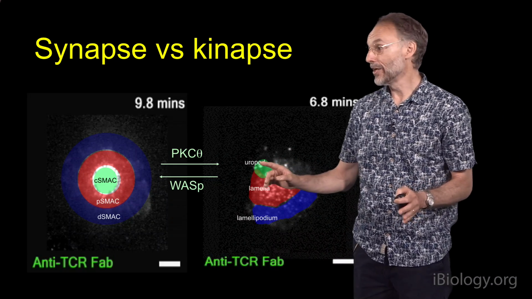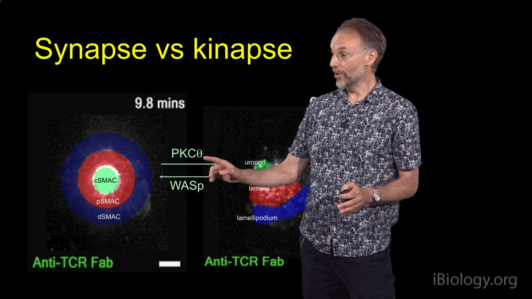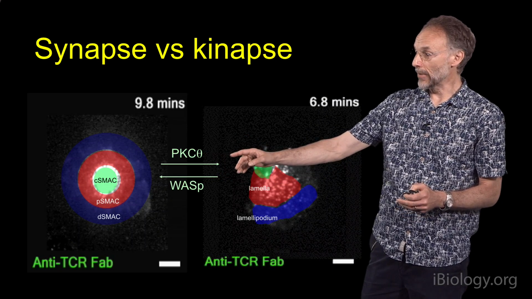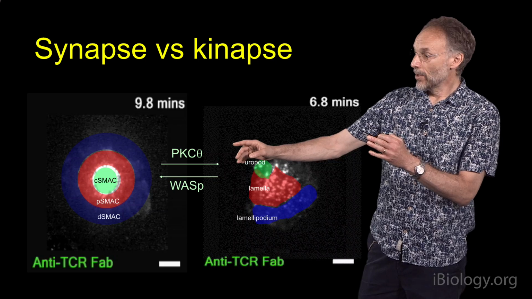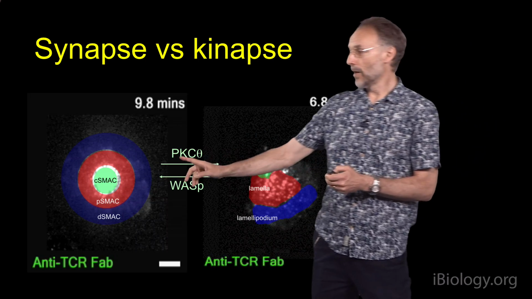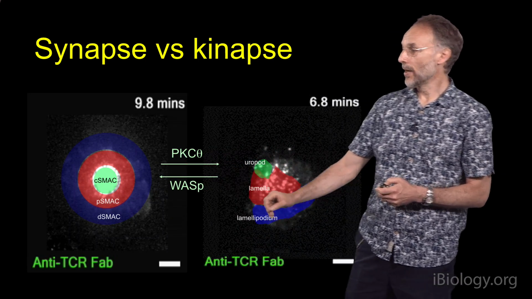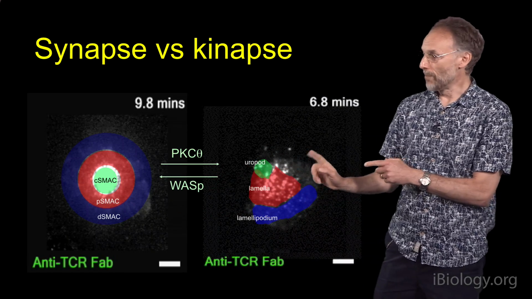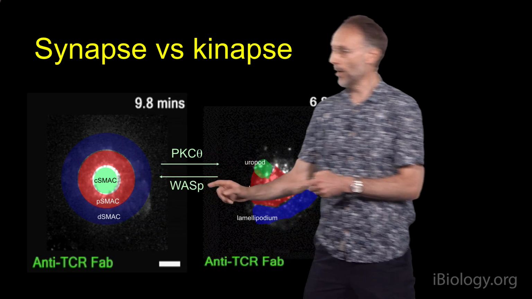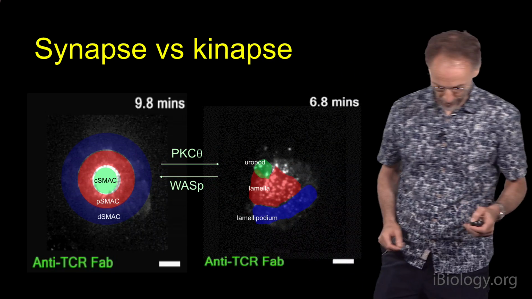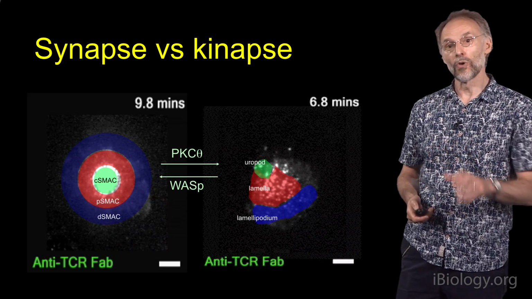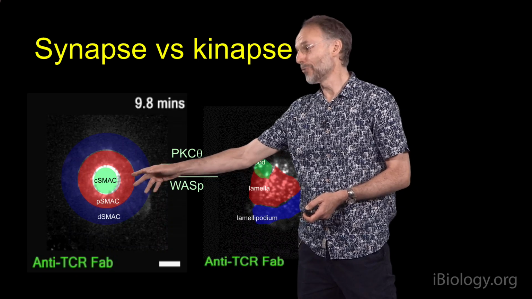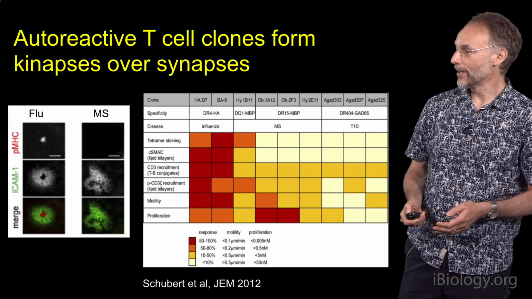We know genetically, based on a paper of Tasha Sims in 2007, again a postdoc in my lab, that the symmetry breaking is driven by a protein kinase called protein kinase C theta, and the reformation of a stable synapse from this state requires WASP, the kinase I described before. And again, it's probably in synergy with the integrin system to repair the broken symmetry and get you back to a symmetric state.